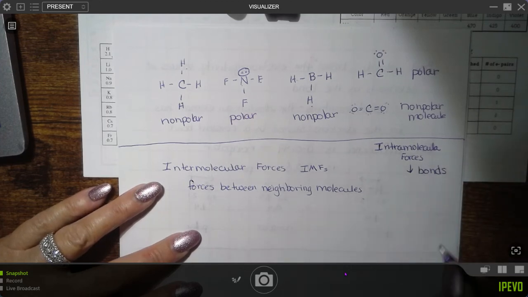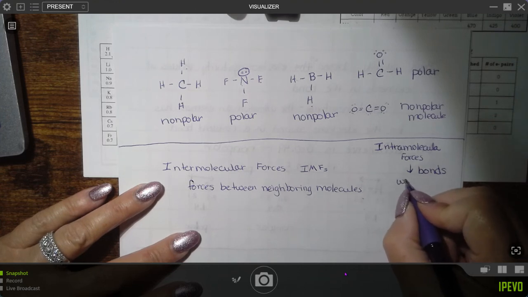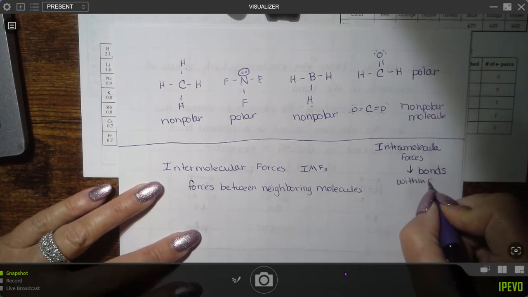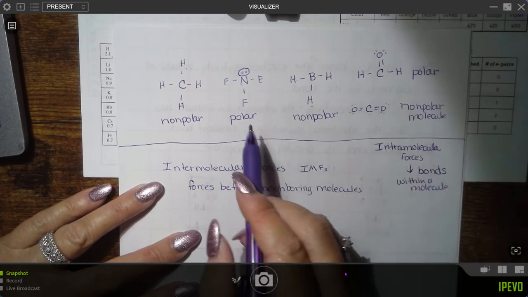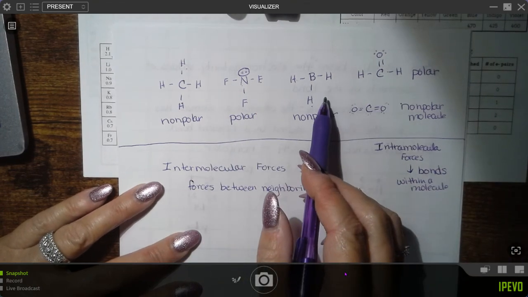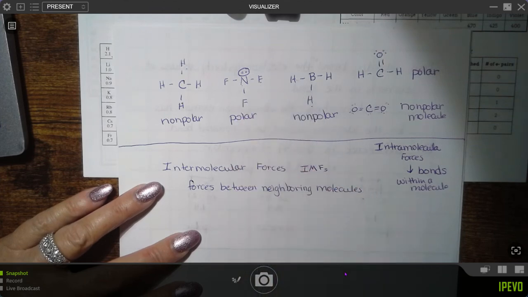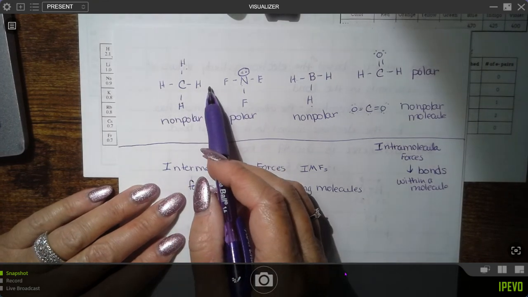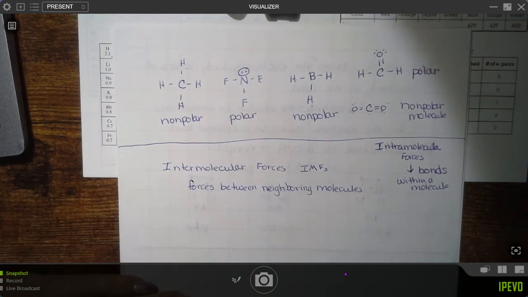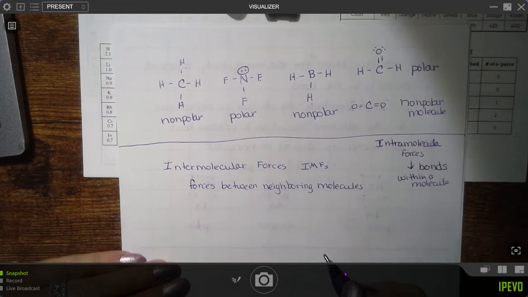There are bonds within a molecule. So when we drew these compounds up here and drew these bonds, those are intramolecular forces. Intermolecular forces describe how neighboring molecules interact. There are three intermolecular forces.